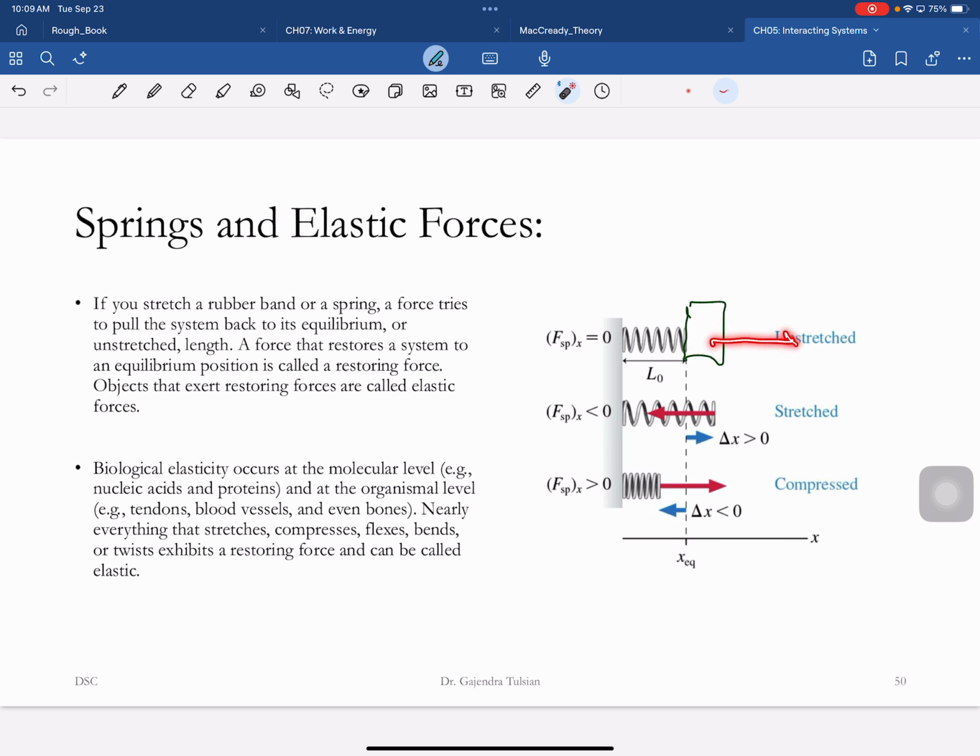If you disturb it from the equilibrium position, the spring is trying to bring it back to the equilibrium position. So the force is called a restoring force, because it's trying to restore the system to the original configuration.